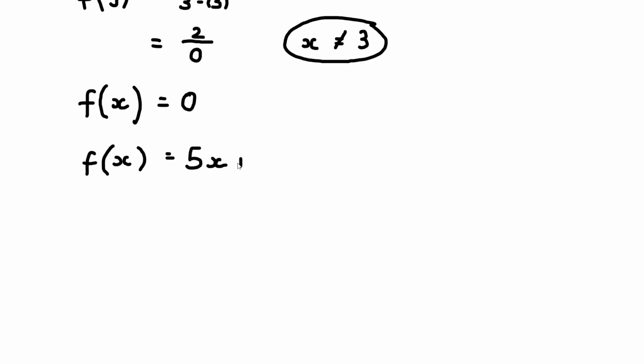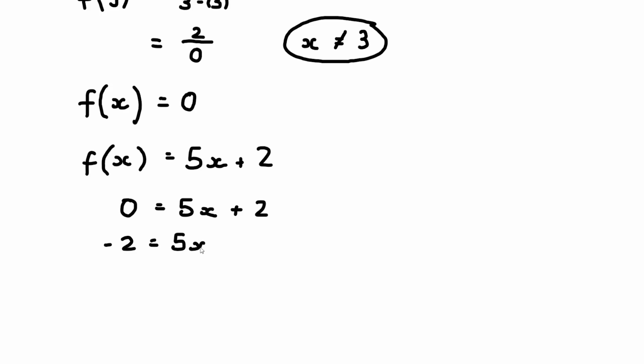So let's say we want to find the roots of this function. Well, we know that the root of any function must be the function equal to 0. So we can just sub in 0 over here. 0 equals 5x plus 2. We will subtract 2 from both sides, giving us minus 2 equals 5x.